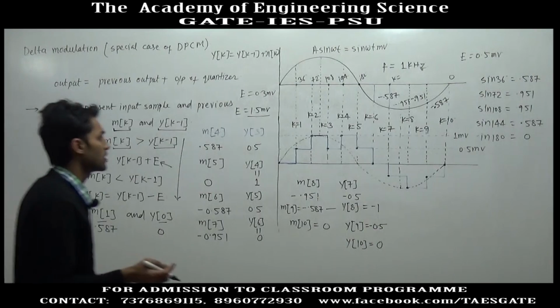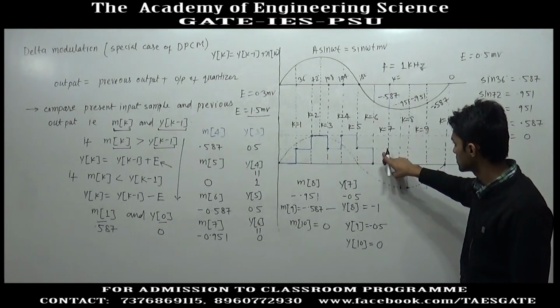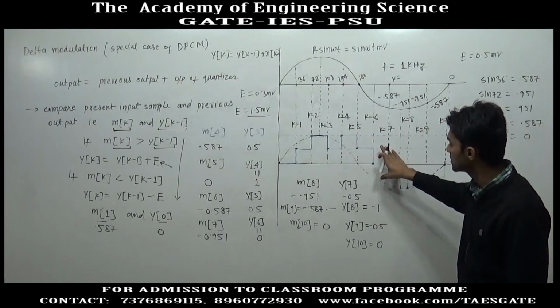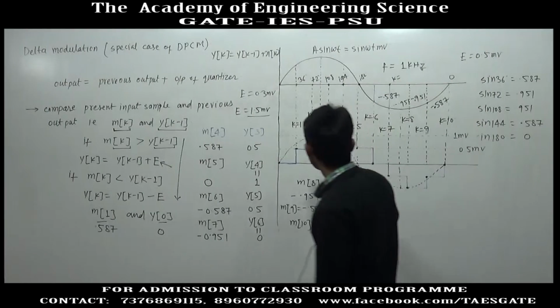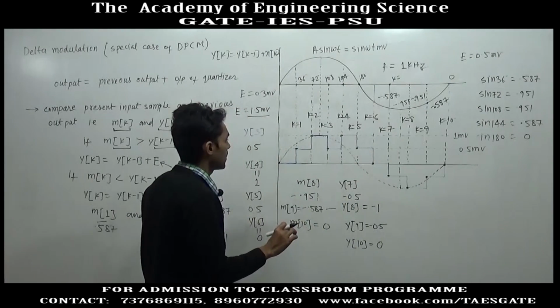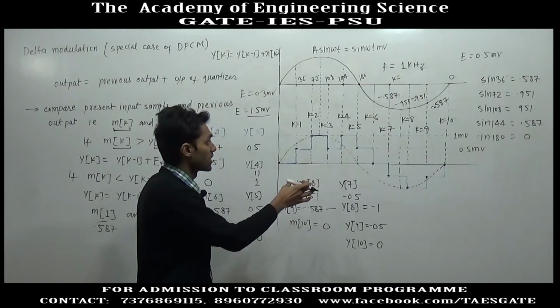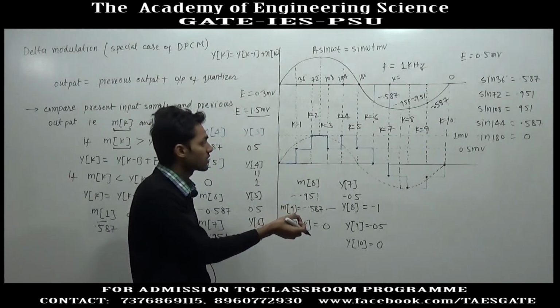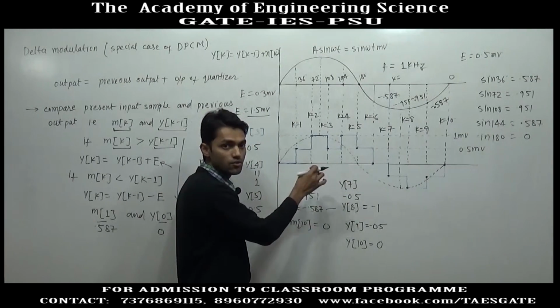Here the sampling frequency I have taken 10 times more than the original signal, but if you want to reduce the error, if you increase the sampling frequency, the tracking will be dense. I mean, in 1/2 cycle there are 5 options to track. If we double the frequency, in 1/2 cycle we will have 10 options to track.